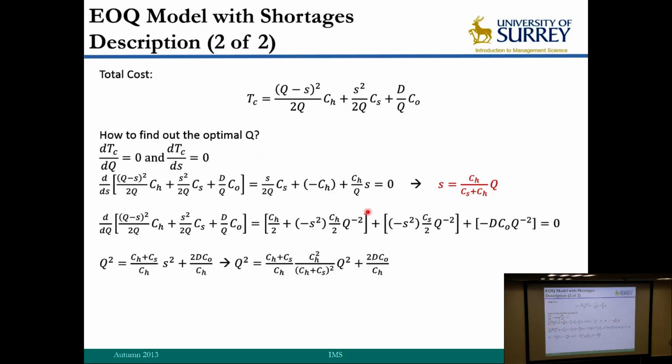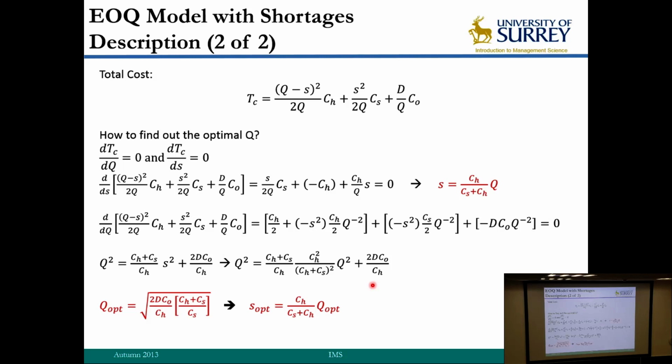To find the first derivative with respect to S, we can find basically the optimal relation between S and Q. And to find the first derivative with respect to Q, making it 0, you can find another relation of Q and S, and you substitute them together, and you can find this is the Q square, and finally after manipulating everything, you find this is the optimal Q. And if we know the optimal quantity for Q, because we know S, this is actually the optimal quantity of S. So that means that you cannot give whatever shortages you like or whatever shortages your customer likes.